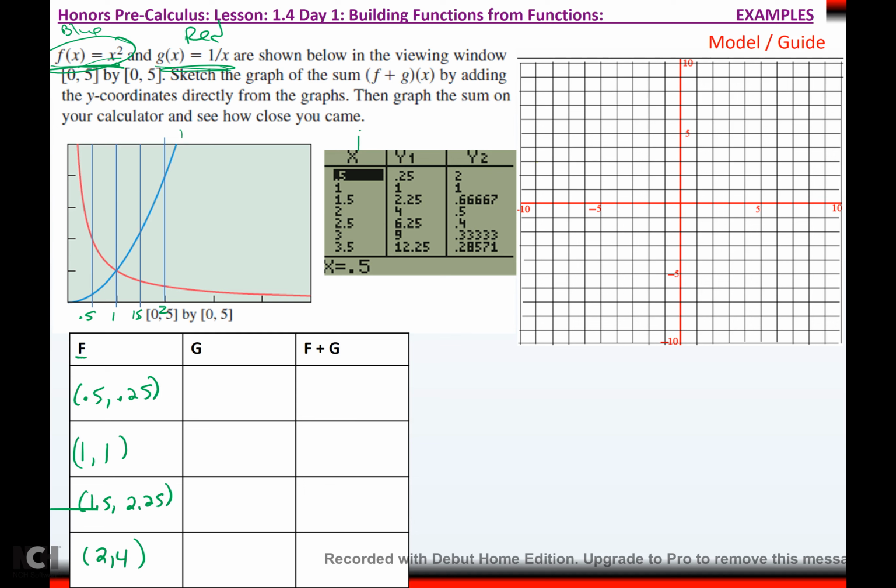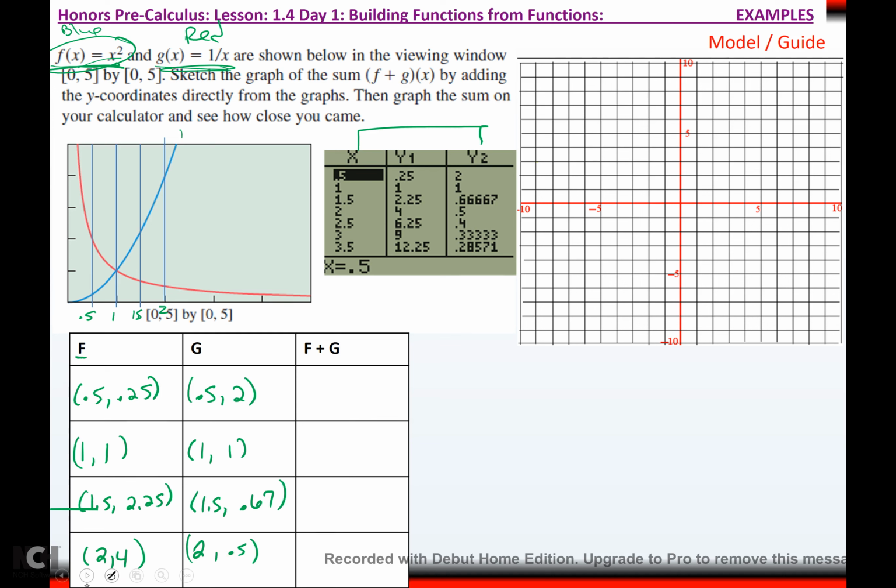My g function, I'm reading this x coordinate and this y coordinate. At 0.5, it's at 2. At 1, it's at 1. At 1.5, it's at 0.67 repeating. And at 2, y is at 0.5.